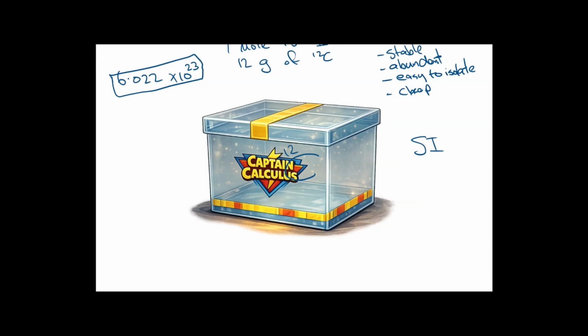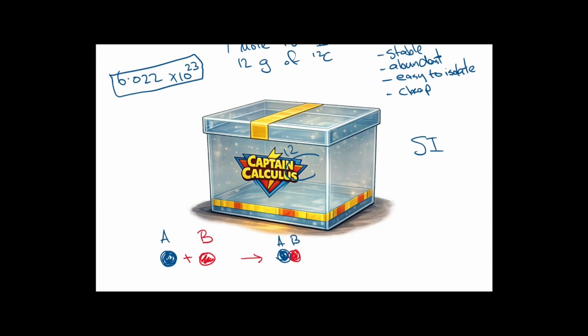So imagine that we had one atom of element A, and we had one atom of element B, and we added them together and we made the element AB.